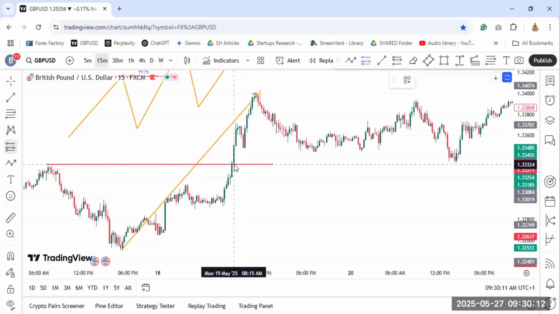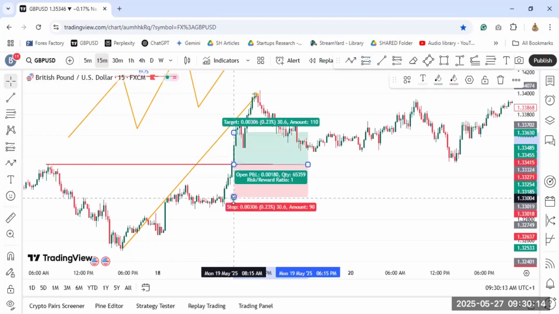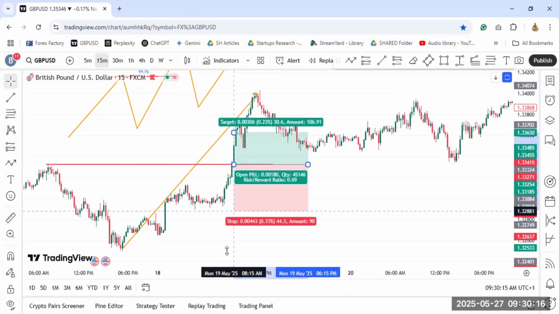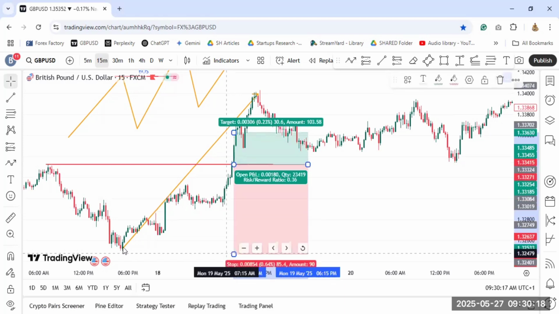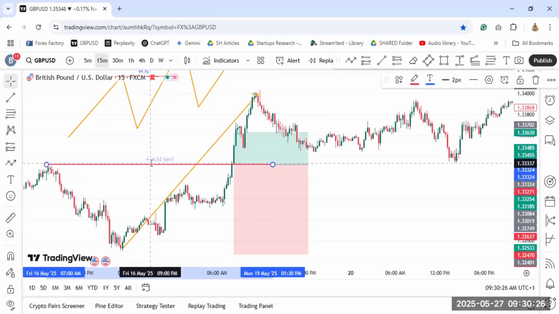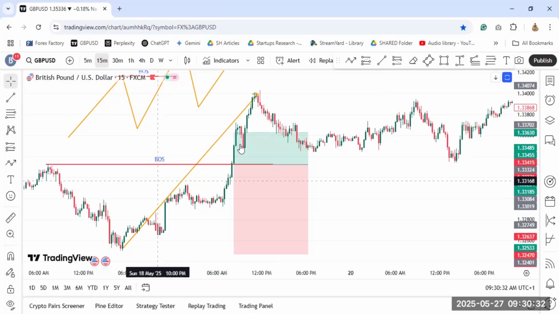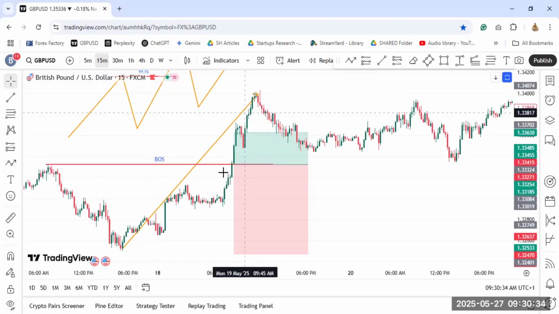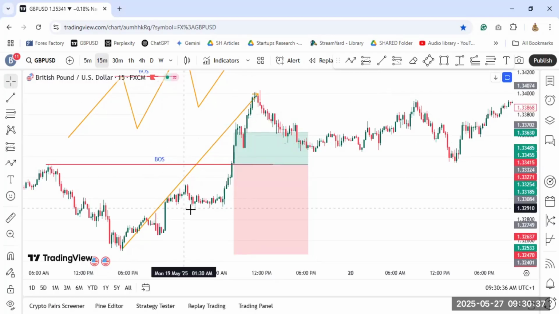You enter at that point, and your stop loss can be below the previous low. This is the previous low that initiated the move to clear this high. So there is a break of structure here. It shows that this market is ready to continue buying. And you can see what happened over here.